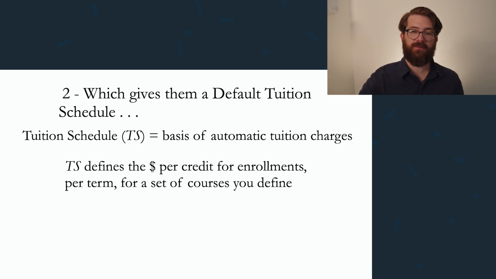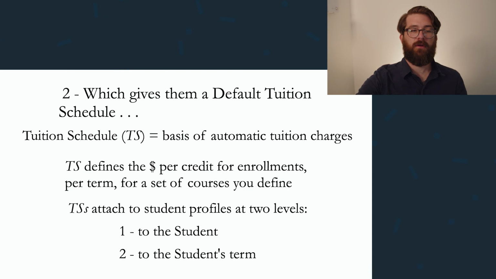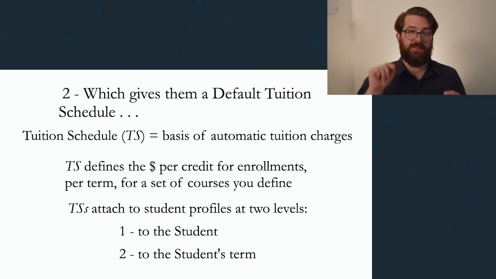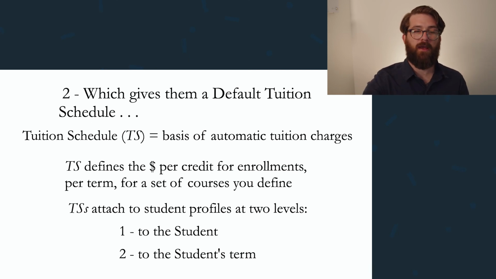We already saw that list of courses. Okay, and then those TSs attach, like we saw, to student profiles at 2 levels. First of all, we saw on the financial dashboard on a student's profile that a default tuition schedule attaches to the student right there. So that's a broader way that you can attach a tuition schedule to a person.